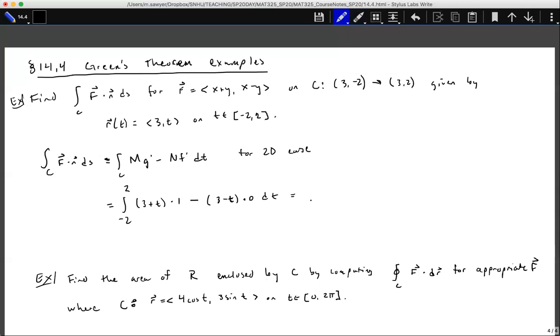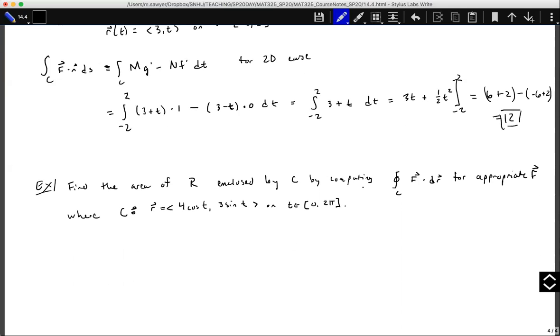So then I get the integral from −2 to 2 of 3 plus t dt, which gives me 3t plus 1/2 t squared, evaluated from −2 to 2, which gives me 6 plus 2 minus −6 plus 2, which gives me 12.